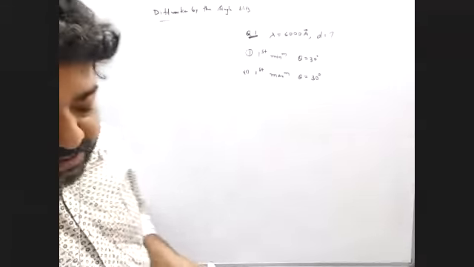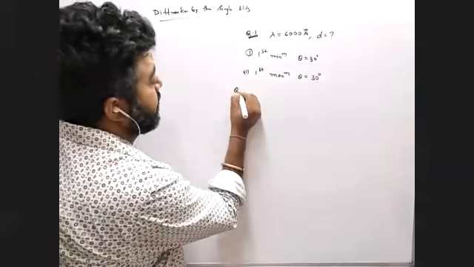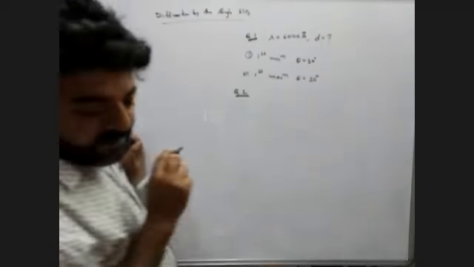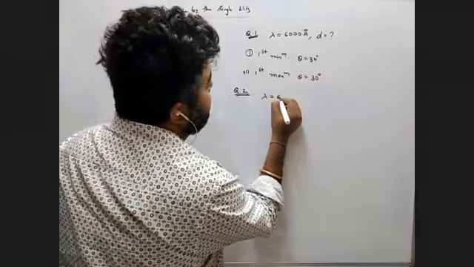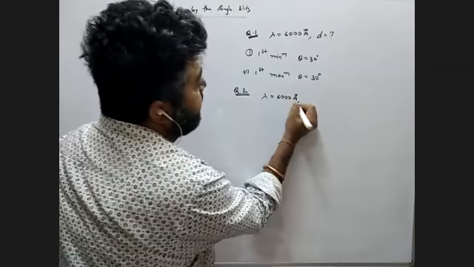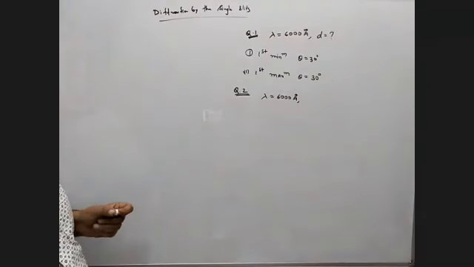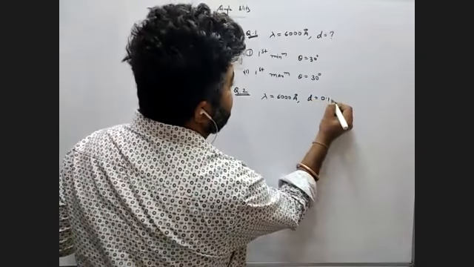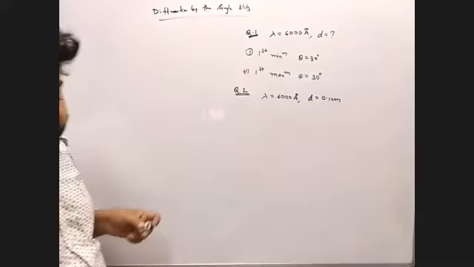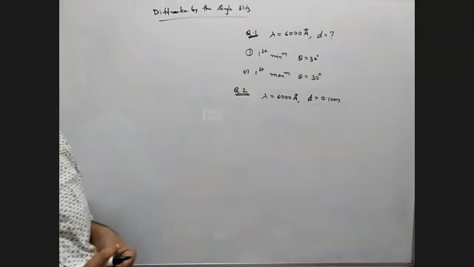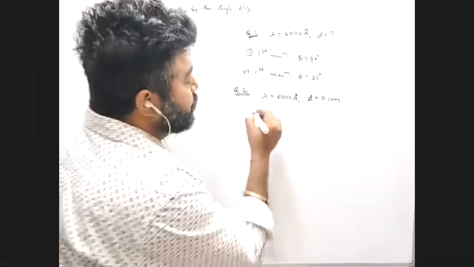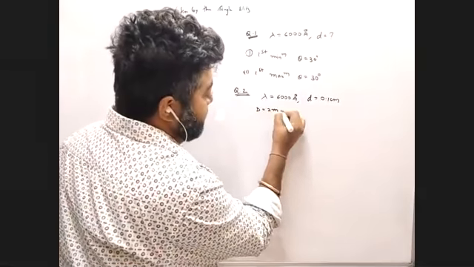Now the second question is question number 2. Light of wavelength 6000 angstrom passes through a slit. The slit is 0.1 centimeter wide and forms a diffraction pattern on a screen 2 meter away. So D is 2 meter.